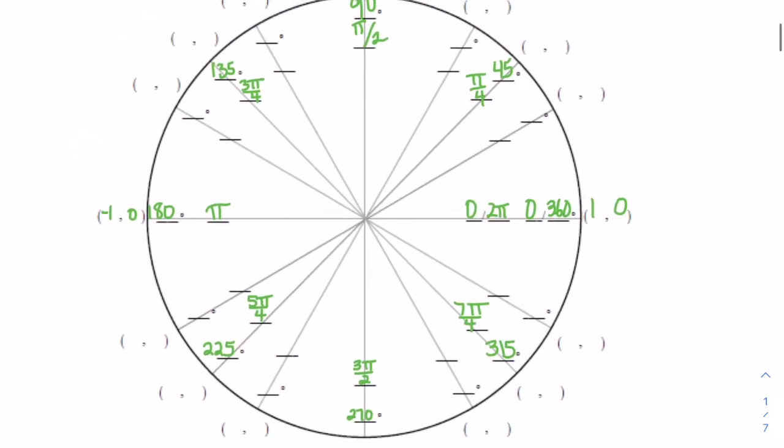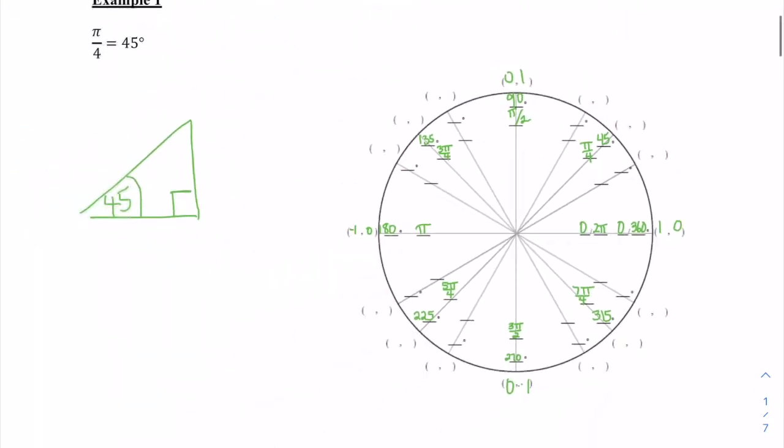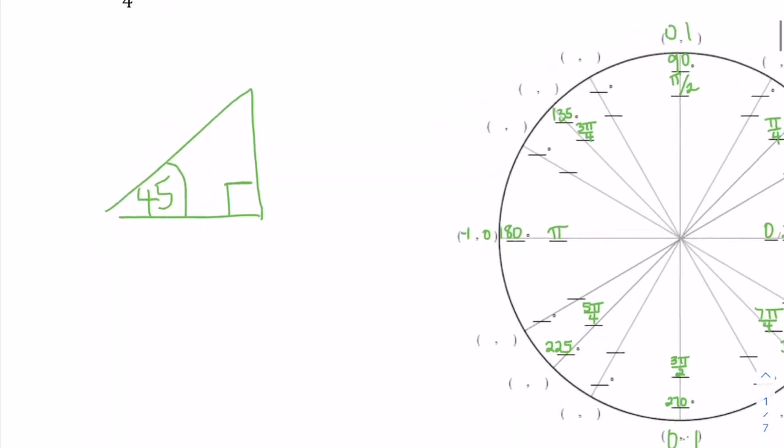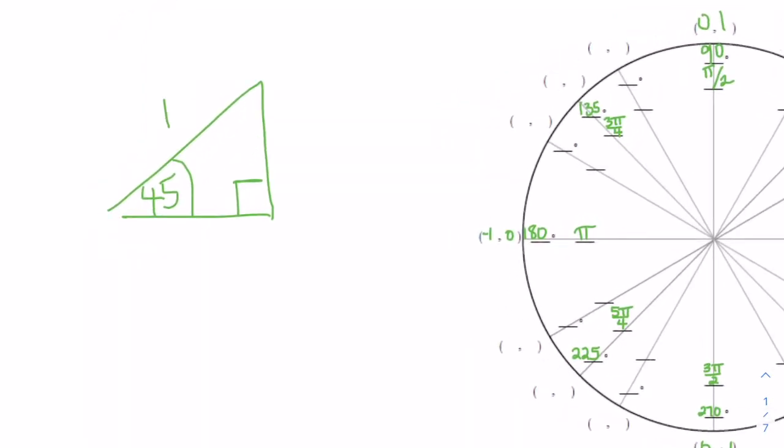Okay, so what we want to do is look at the right triangle, 45, 45, and we know a couple things, right? We know that if this radius is 1, then this height, or this side, would be root 2 over 2, and this side would be root 2 over 2.